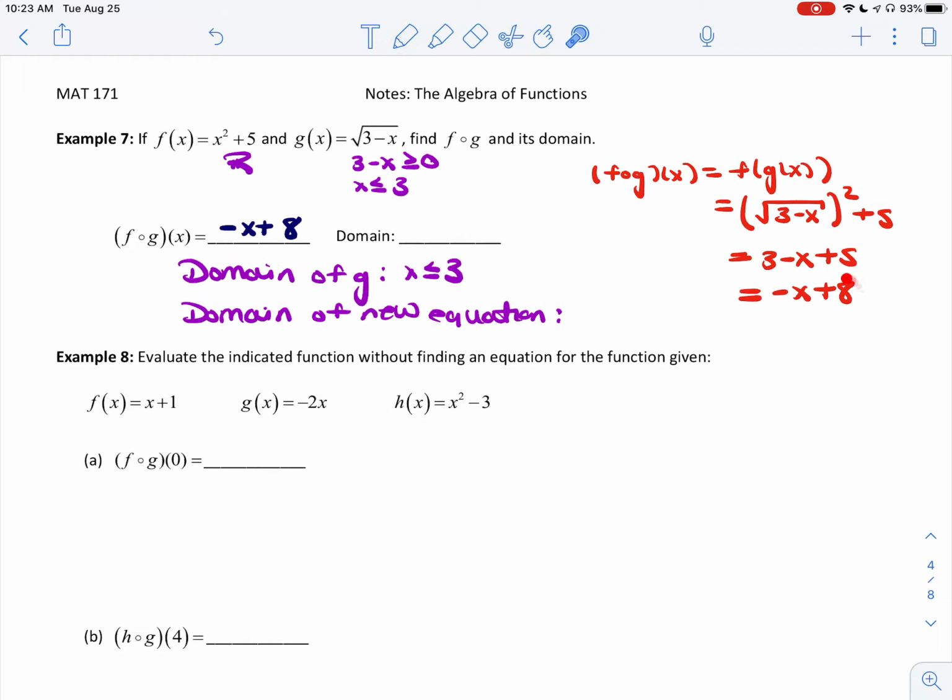And of course, our new equation is just the negative x plus 8, which is a linear function. So no square root, no denominator. So that would just be all reals. So combined together, we just have that x has to be less than or equal to 3. So set of all x such that x is less than or equal to 3.